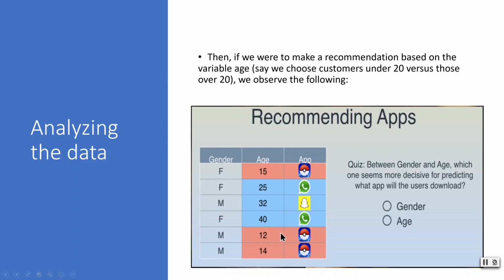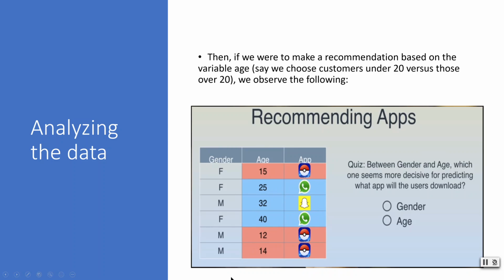For those who are under 20, based on past experience or past data, which we call training data, we would recommend Pokemon Go. And for those who are older than 20 years old, depending on whether they are female or male, we would recommend either WhatsApp or Snapchat.